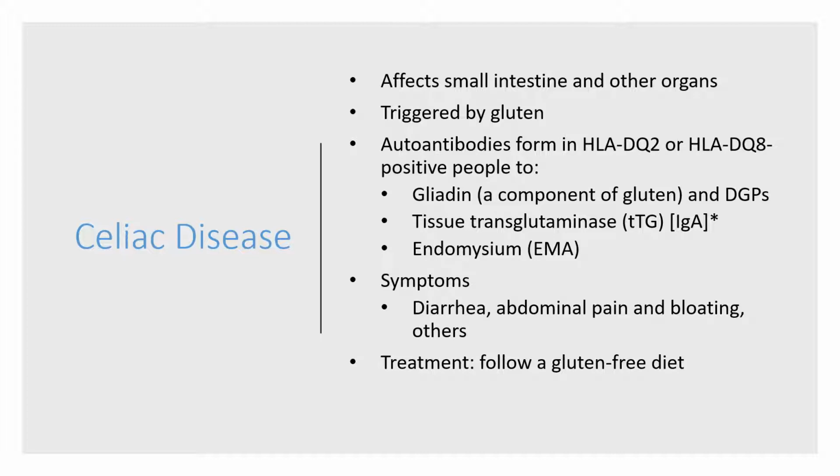Celiac disease. This is organ specific to the small intestine, and it's triggered by antibodies that develop to gluten, and therefore you end up with an autoimmune response that's damaging the intestinal tissue, and the antibodies involved are listed here.